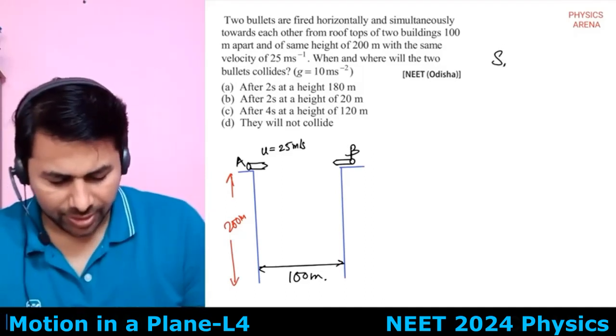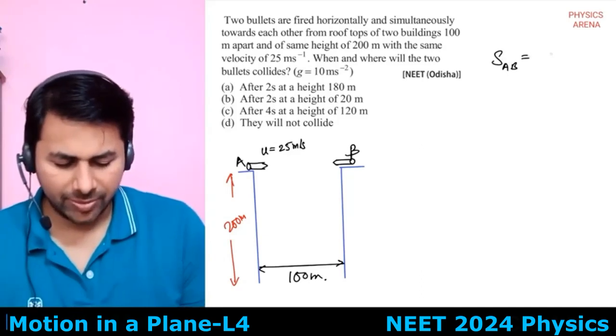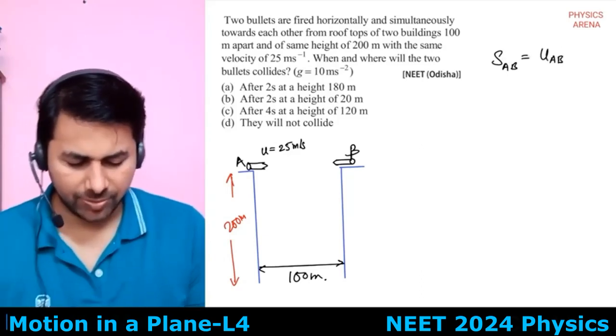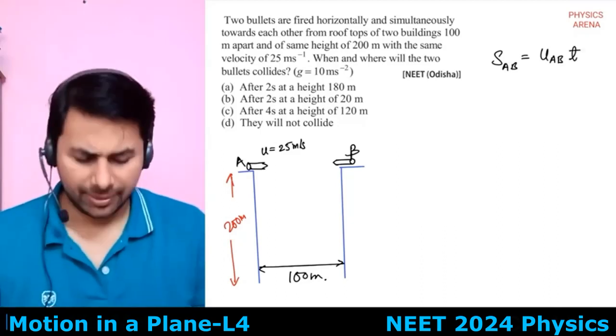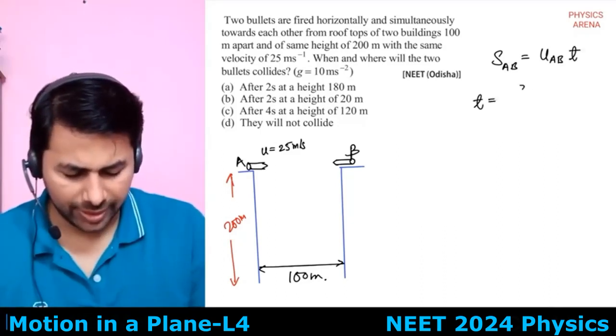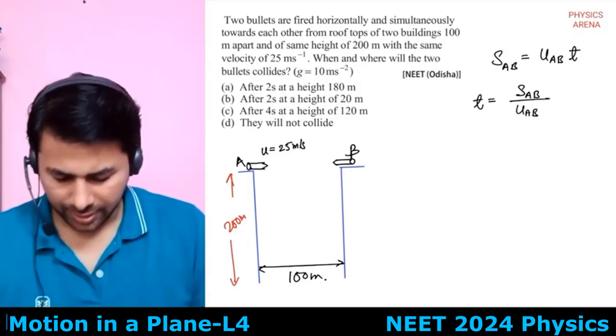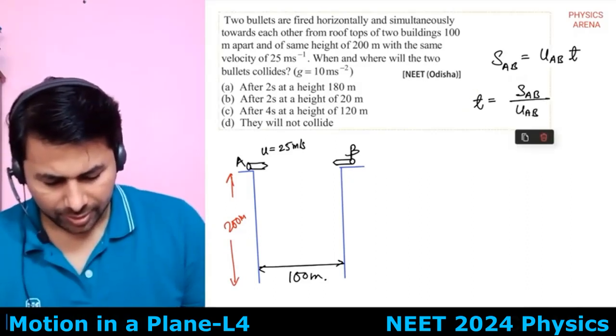So the relative distance that A has to cover with respect to B is equal to the relative velocity of A with respect to B multiplied by time. And if you want time, it will be SAB divided by that relative velocity.